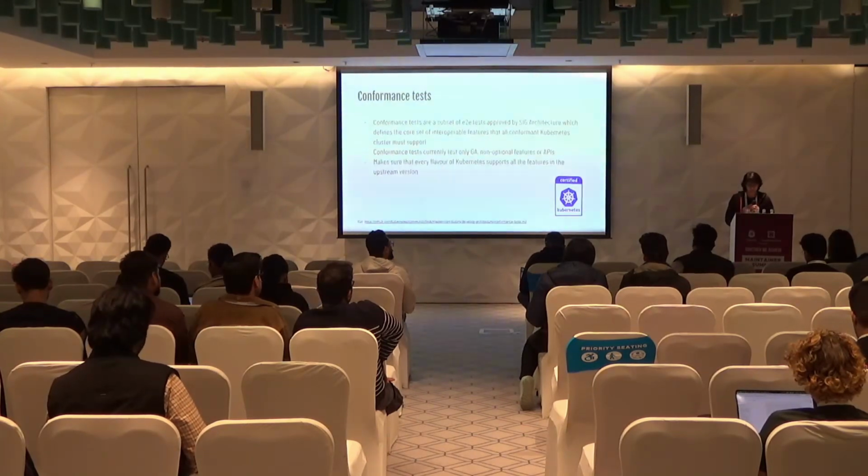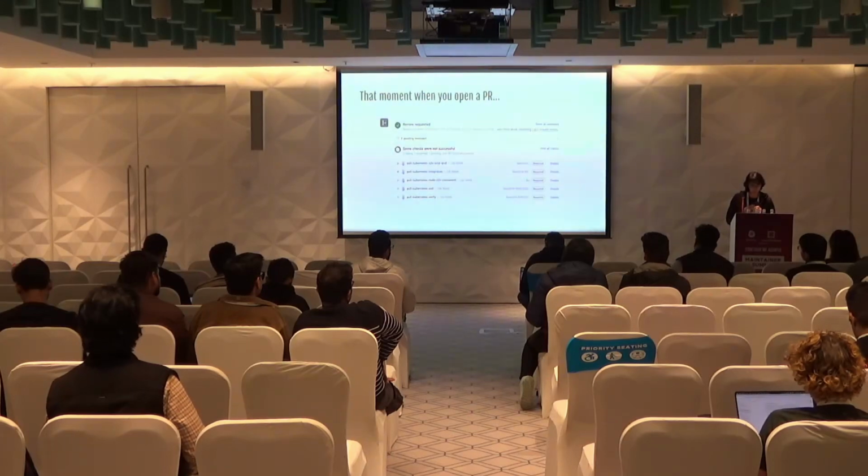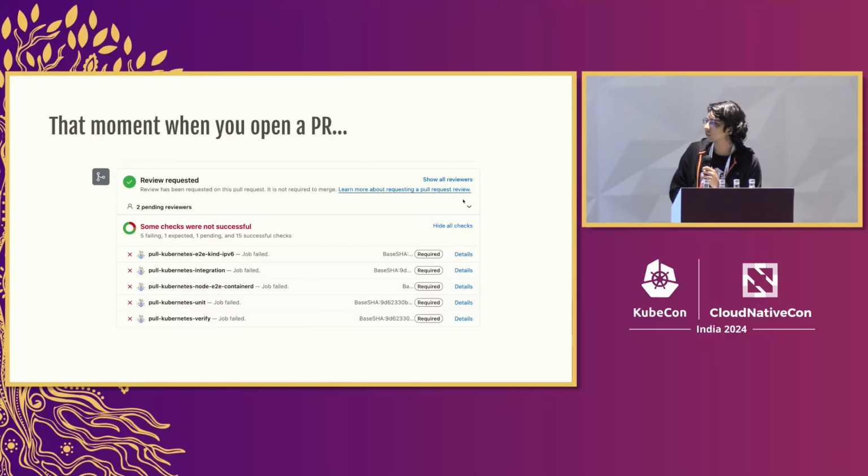So I believe, like I had shown, all the CI jobs that run in a PR earlier, there are tests which run across different cloud providers. And about the point that you mentioned, how different features can break at different cloud providers, that I guess becomes more relevant when a feature is graduating to stable.